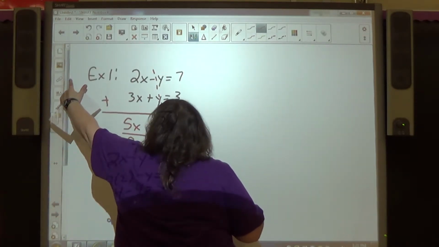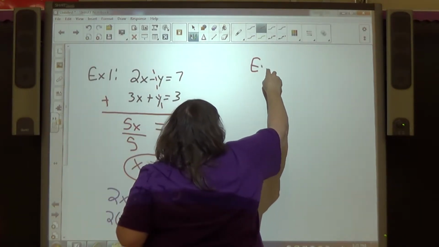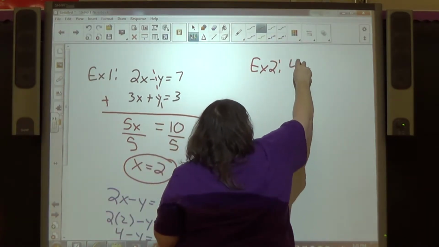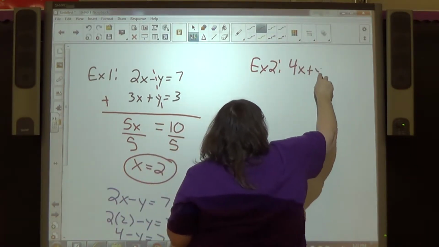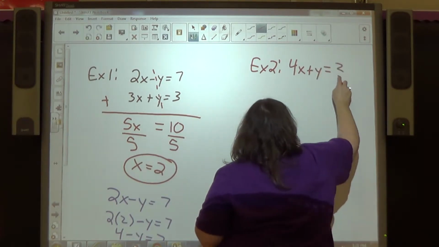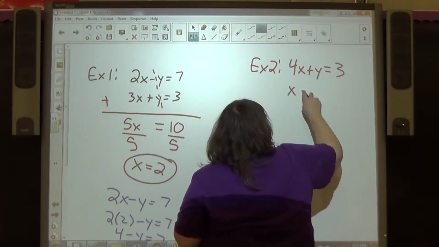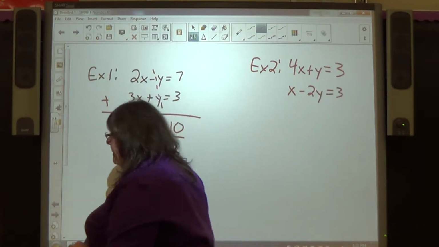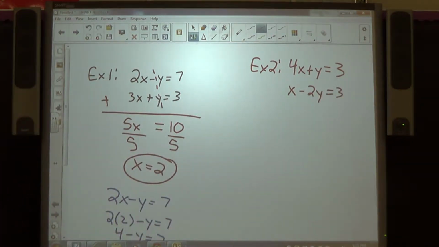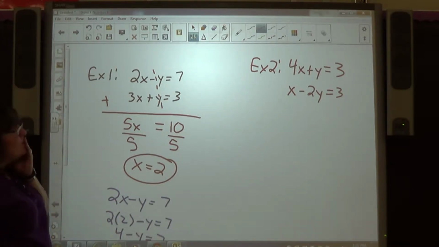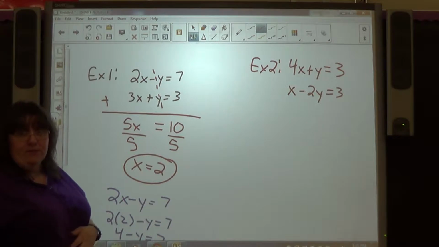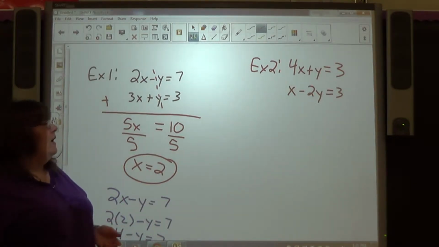go back up to the top here, example 2. Okay, this particular problem, I don't have the same numbers in front of either x or y.